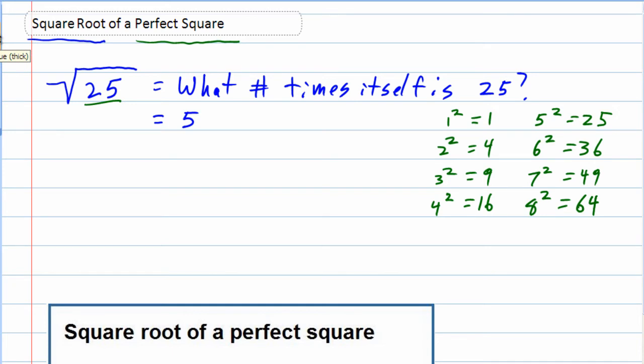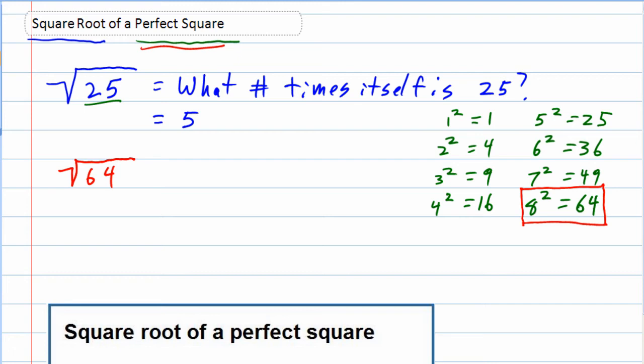So these are well worth memorizing if you haven't already in your times tables. Let's do one more example here. Let's do the square root of 64, which again, 64 is a perfect square. And if I look back over here, 8 squared is 64.